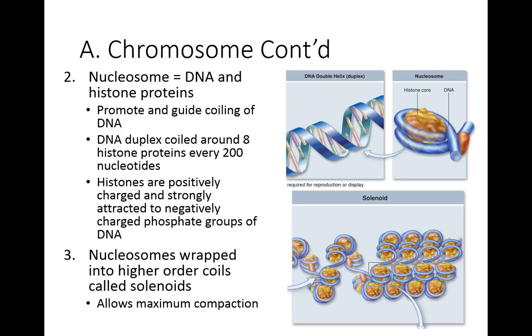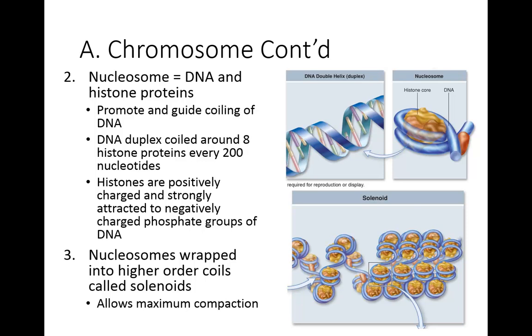Nucleosomes interact with each other, and they create certain structures which make up the chromosome themselves. There are about 8 histone proteins for every 200 nucleotides, and the nucleotides wrap around the protein.